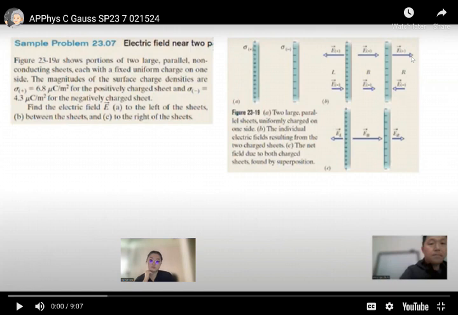Same thing for the right-hand side of the negatively charged plate, which also has 0 field, leaving only the inside of the parallel plates with a finite electric field.